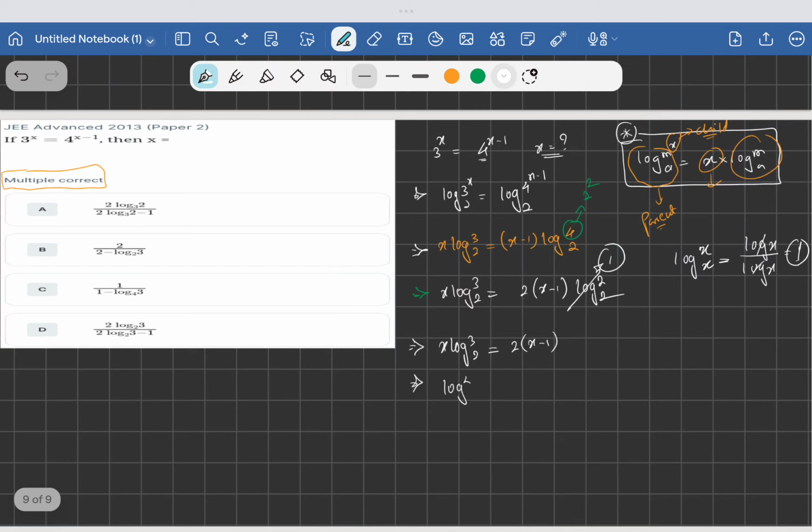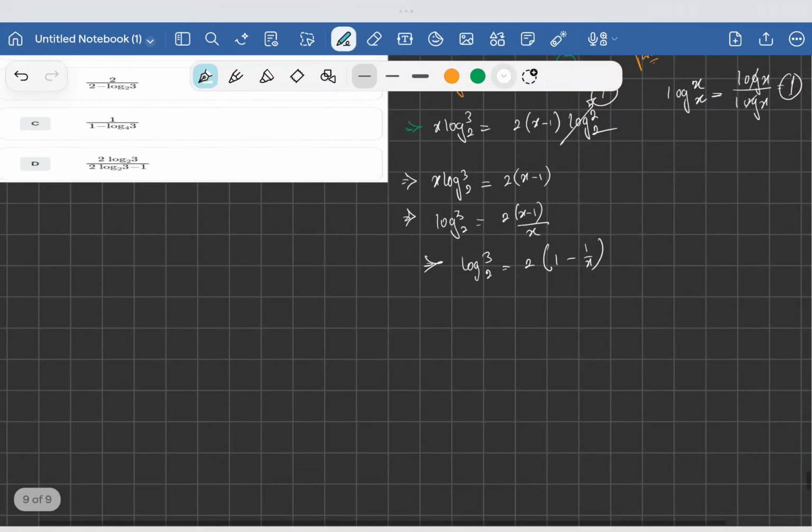Now shift the x to the RHS, so it will be 2 into x minus 1 by x, which can also be written as 2 minus 2 by x. So log 3 base 2 equals 2 minus 2 by x.